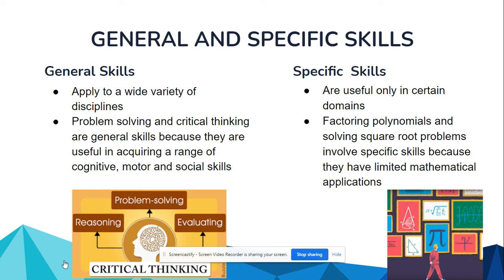Both general and specific skills are involved in learning. In addition to the use of these skills, some local knowledge is needed. For instance, one cannot become skilled at fractions without learning rules governing fraction operation.